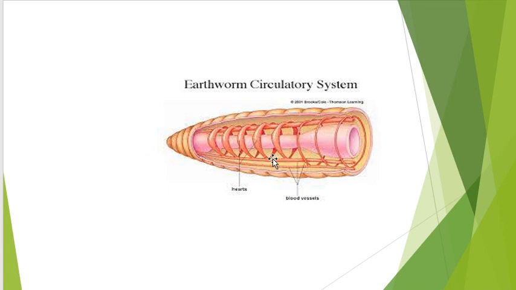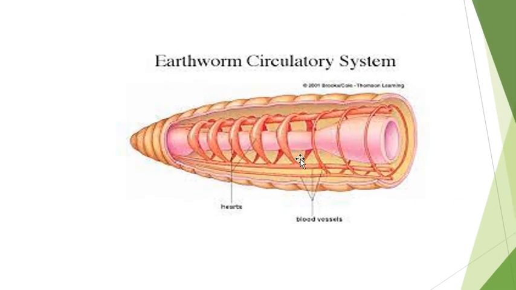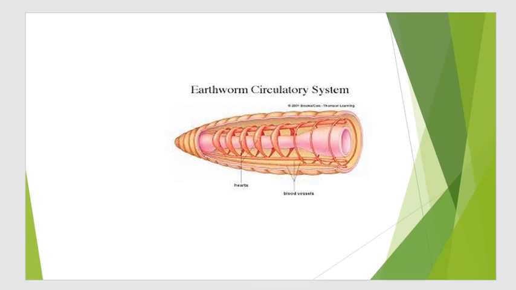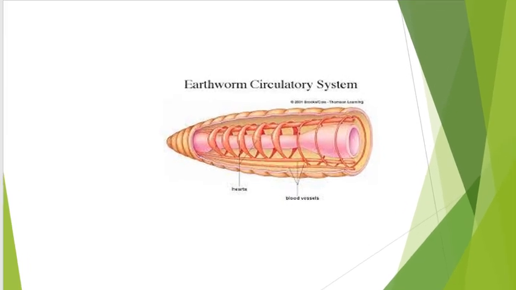Here an earthworm is shown, and here are its hearts and its dorsal and ventral blood vessels that allow the movement of material inside the animal.